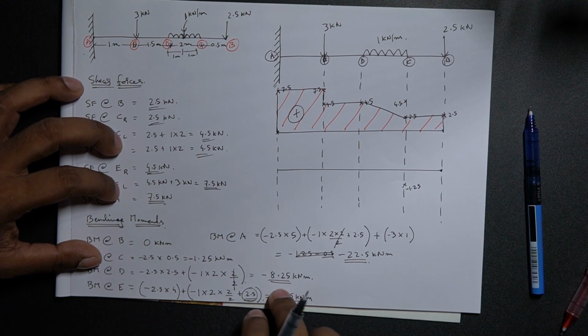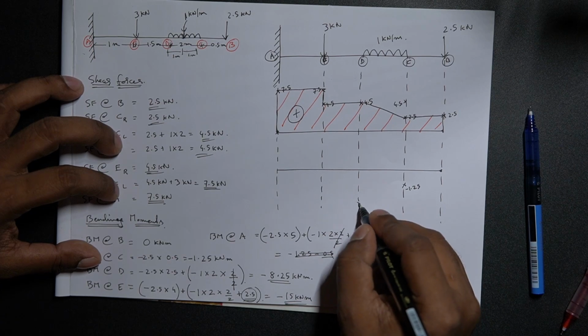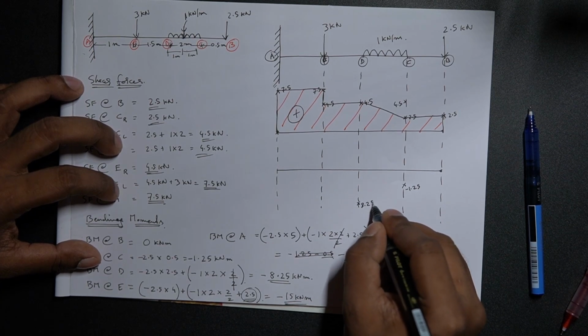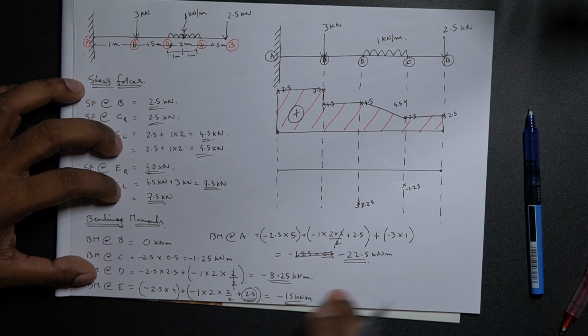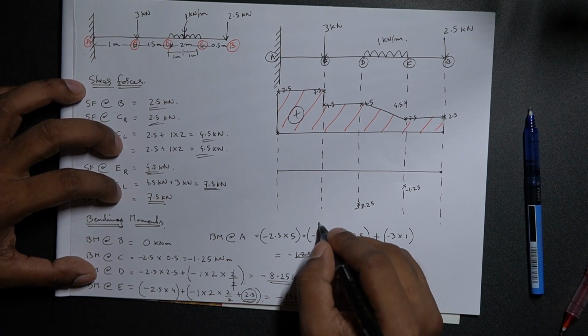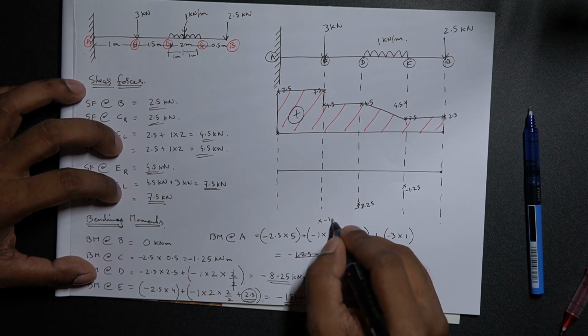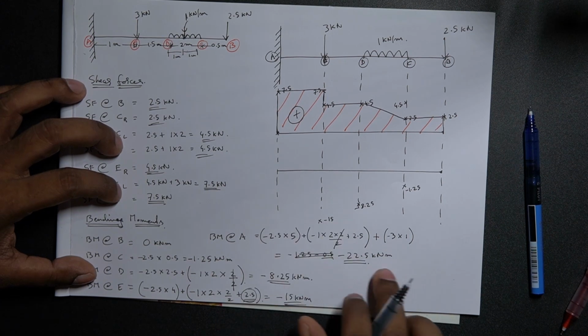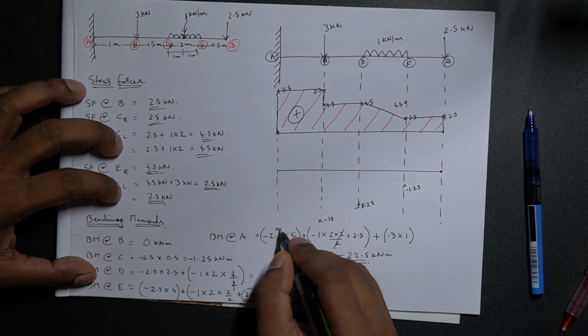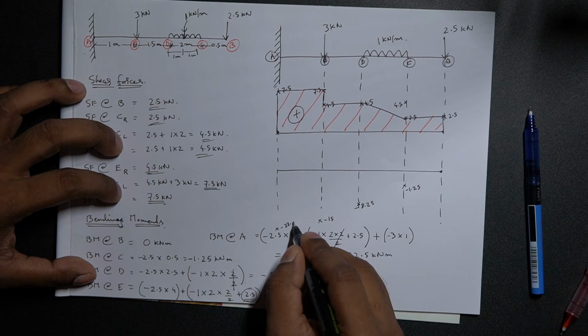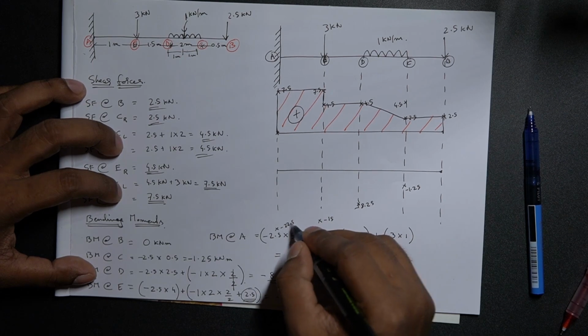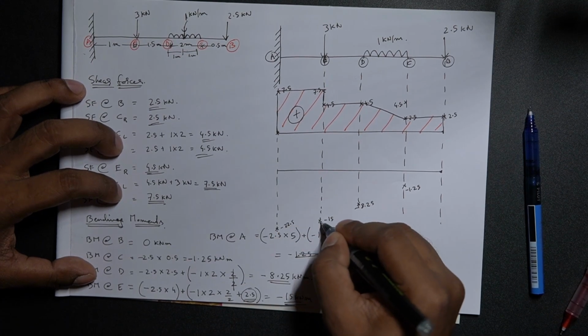Then bending moment at D is minus 8.25, bending moment at E is minus 15. This is increasing a lot. And bending moment at A is minus 22.5. Let me just extend this to these points.